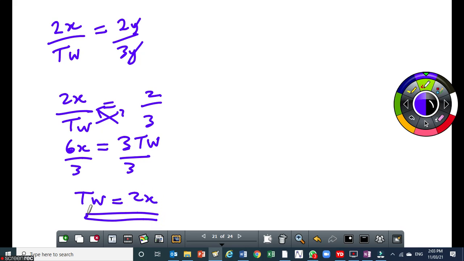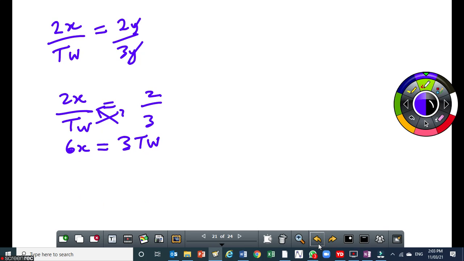Sorry, let me check if I didn't make a mistake. So it's 2x over TW. That should be my cross multiplication.